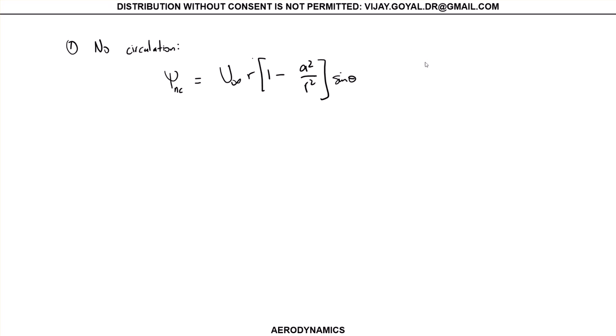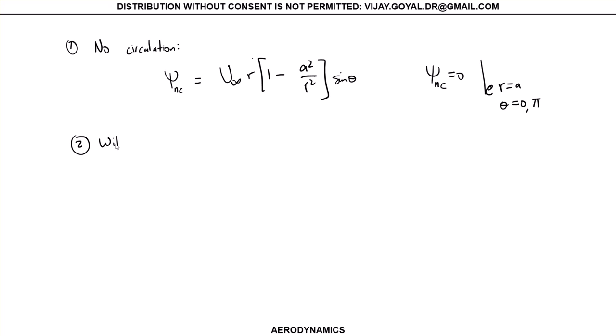And you can see here that this is equal to 0 at r equal to a and theta equal to 0 or pi. Okay, so this is no circulation.